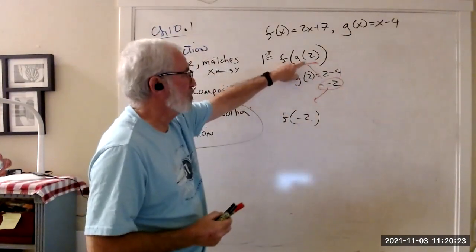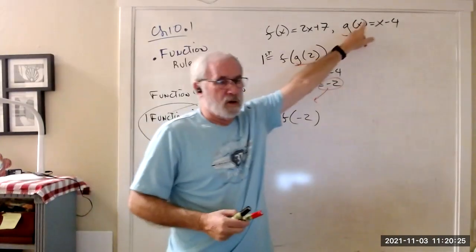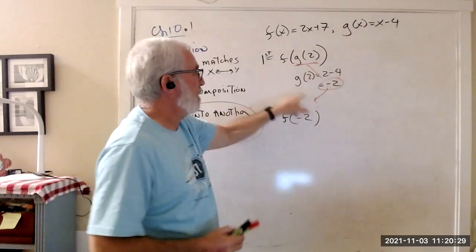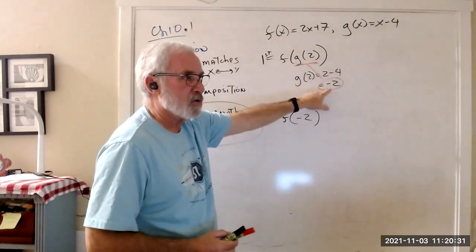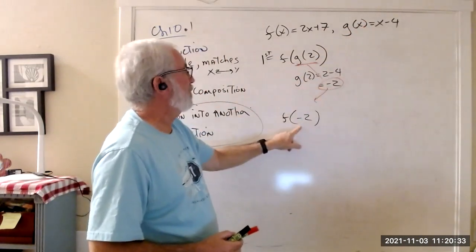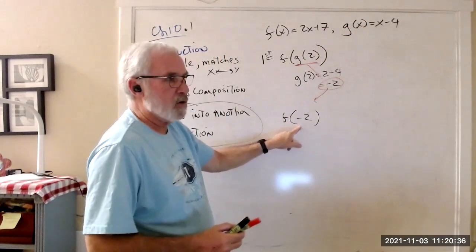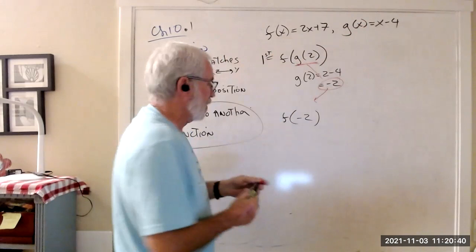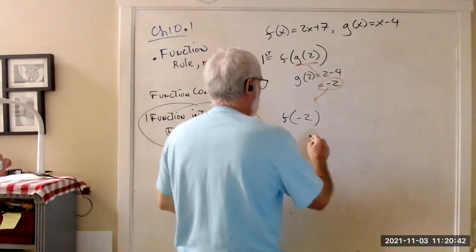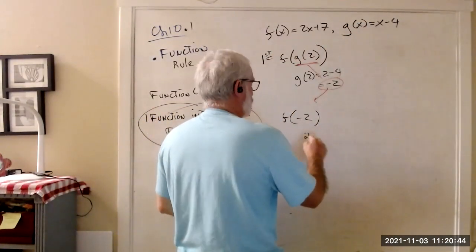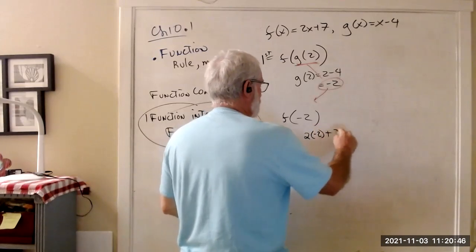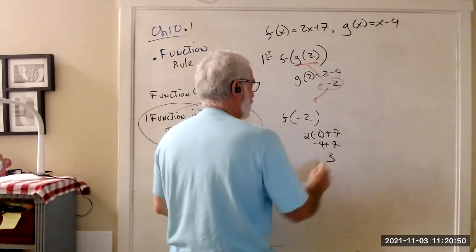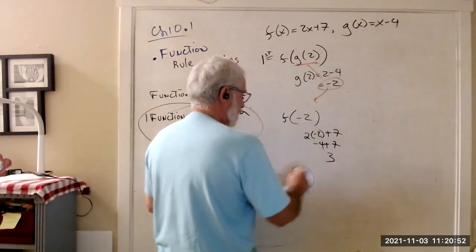I'm going to plug negative 2 into the f function. So f of negative 2 is 2 times negative 2 plus 7. Negative 4 plus 7 is 3. So the answer is 3.